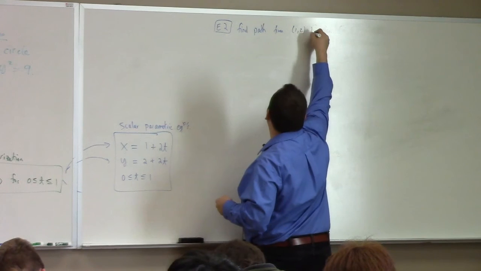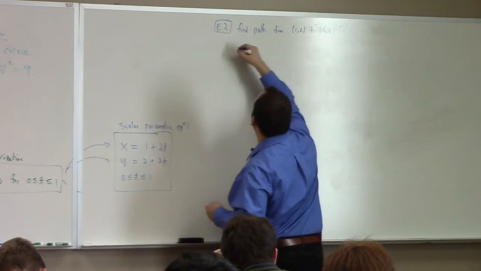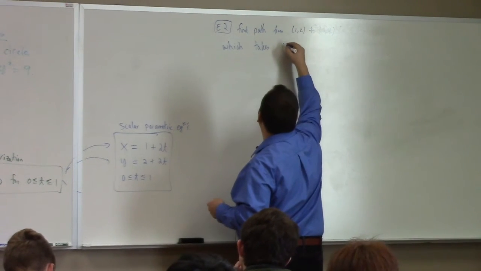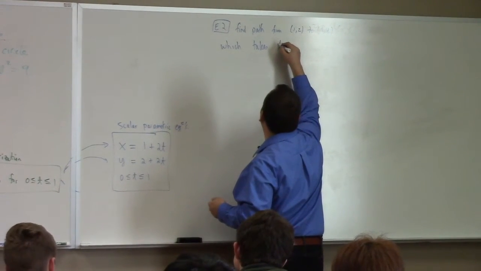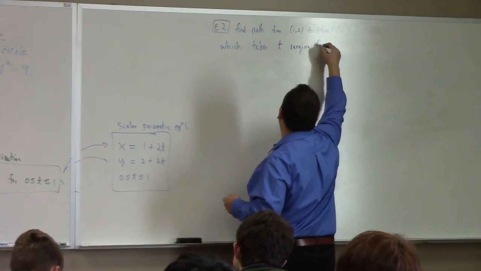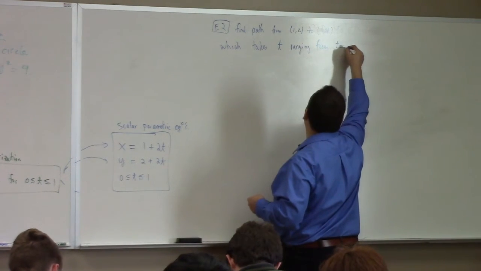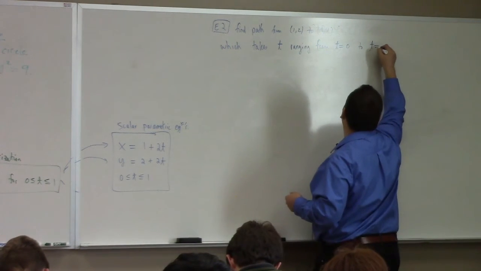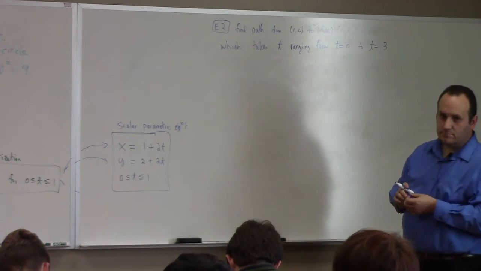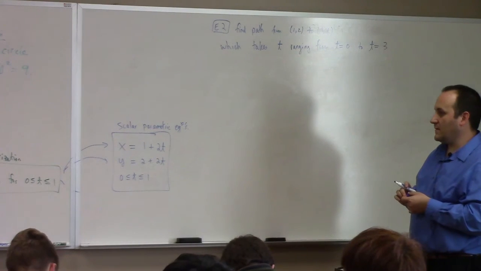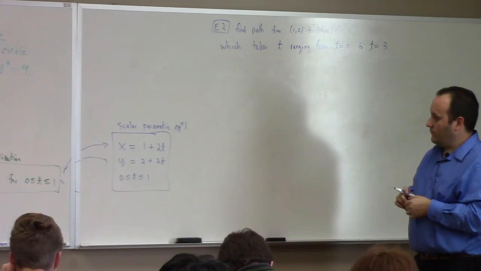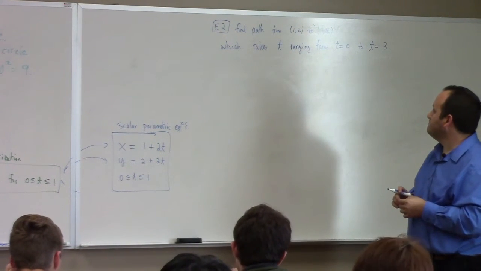from 1, 2 to 3, 4, which takes t ranging from t equals 0 to t equals 3. How would you do that?